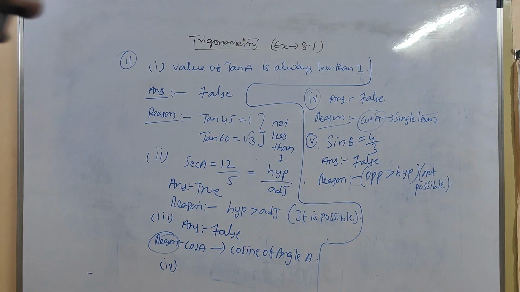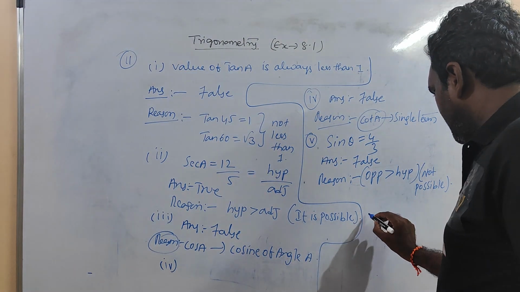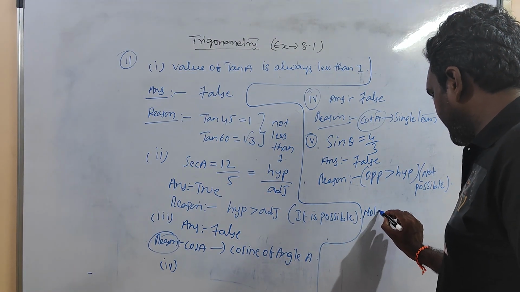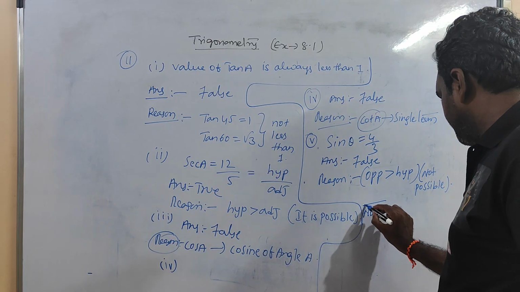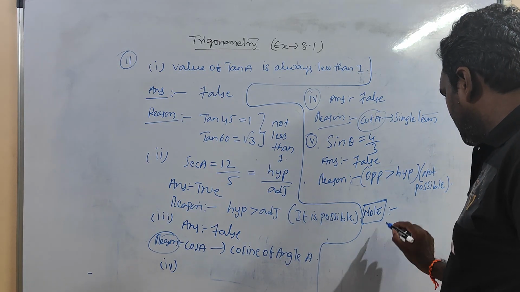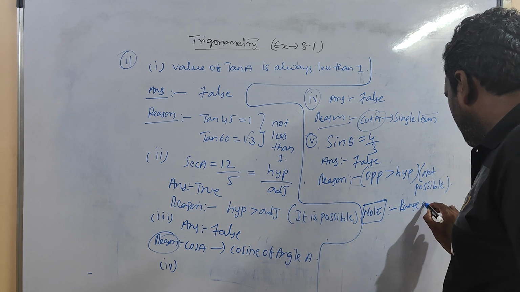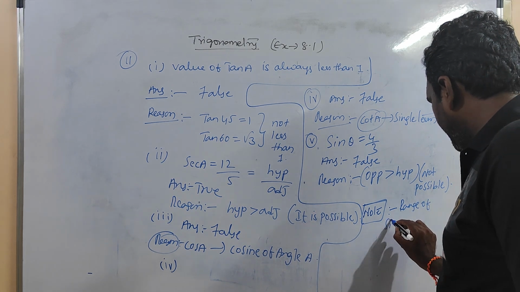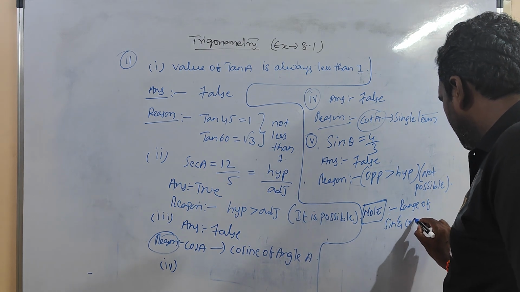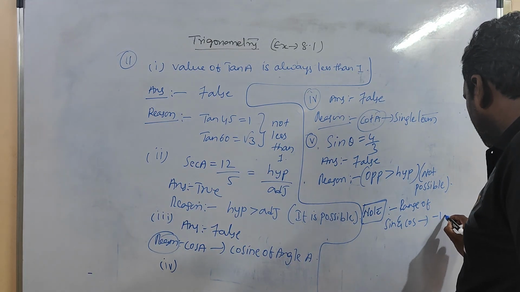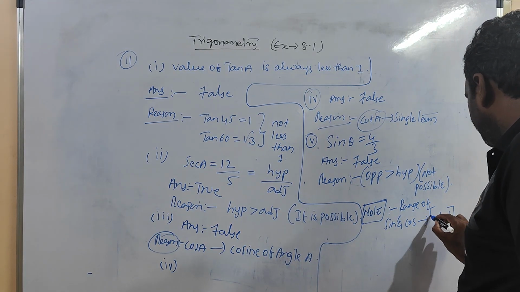If you want, you write a little note here. Range of sine and cos is -1 to 1.